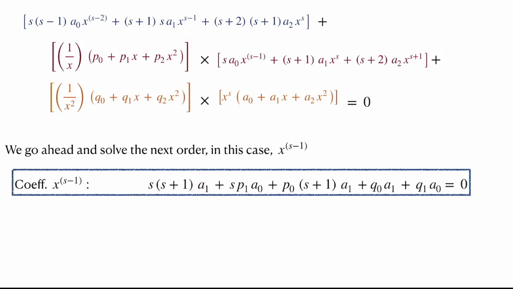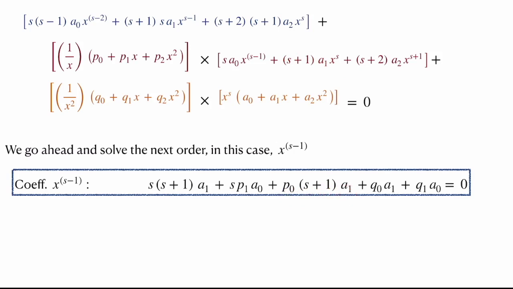The second term, which comes from the multiplication of p1 into x with s a0 x to the power s minus 1, would give us the term s into p1 into a0. The next term which we are getting is a multiplication of p0 into (s plus 1) a1 x to the power s, that gives the coefficient p0 into (s plus 1) into a1.